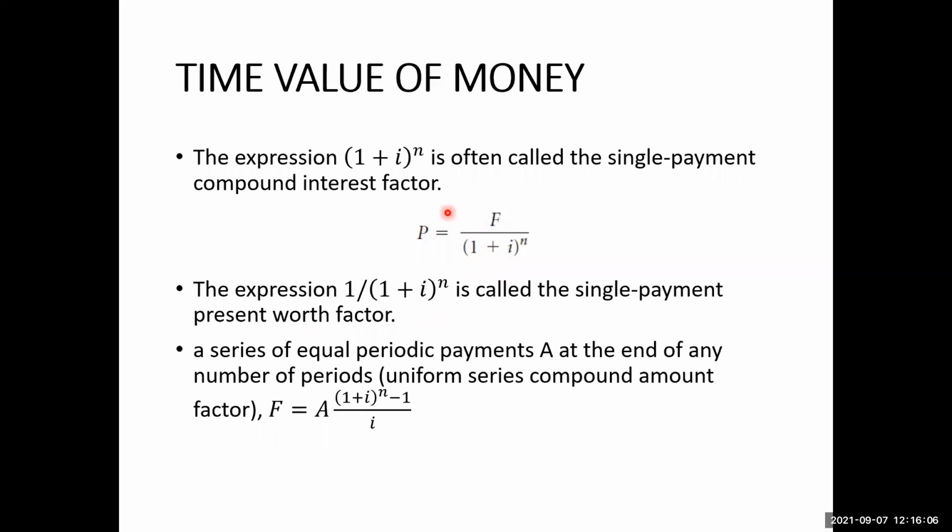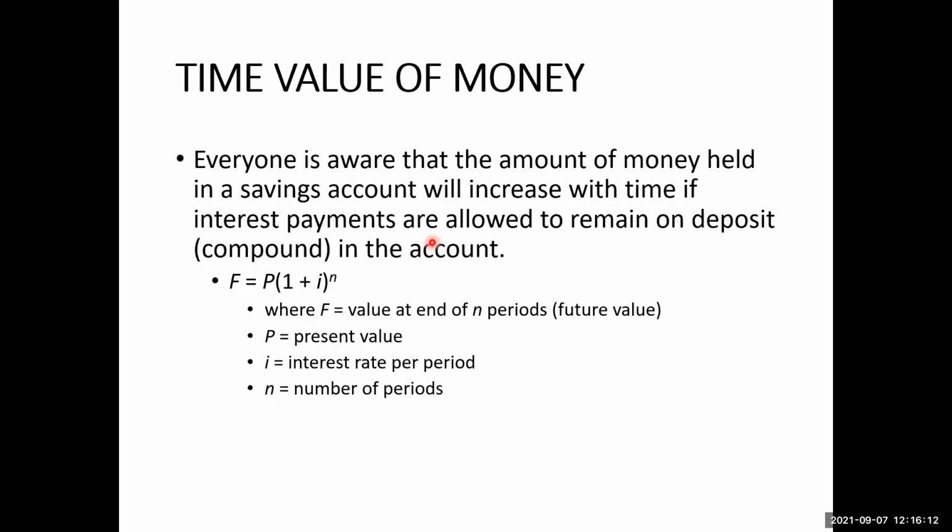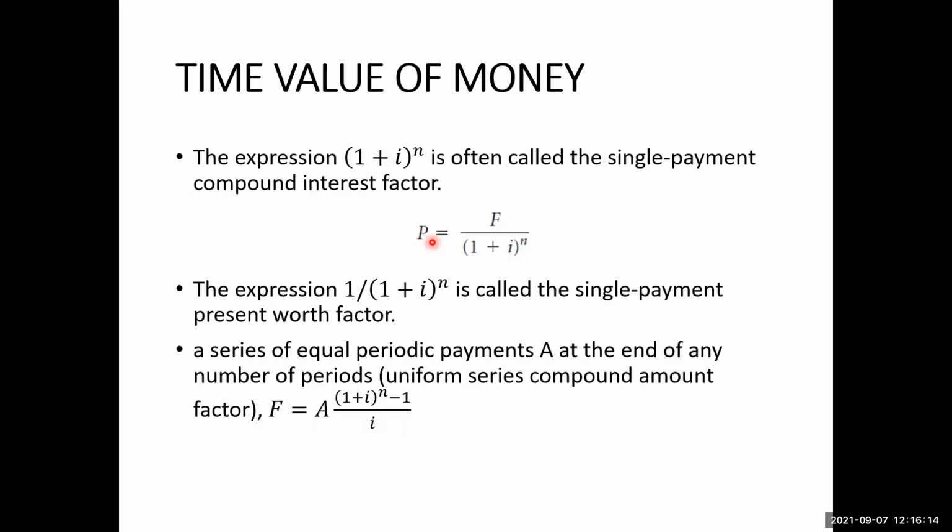For these two formulas, F is equal to P into (1 plus i) to the power n, or P is equal to F over (1 plus i) to the power n, these are essentially the same formula in different forms. We are using single payments. We are considering that we deposit one amount now, and then we get a single amount later on. So this is one case.